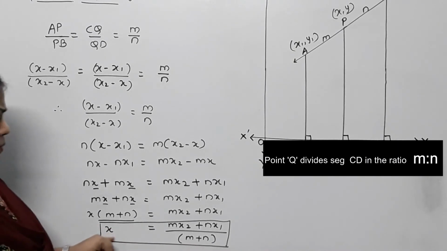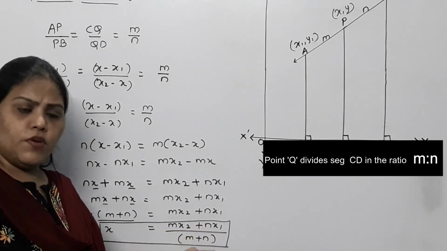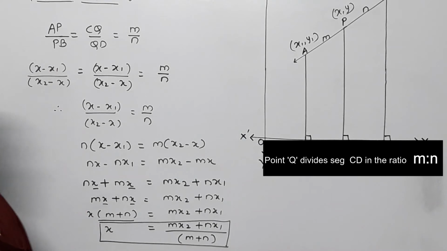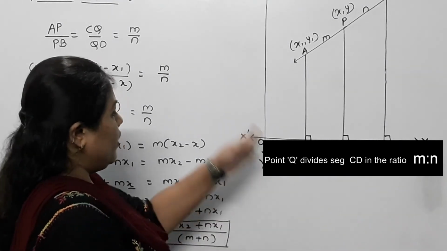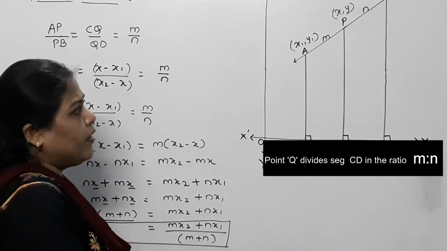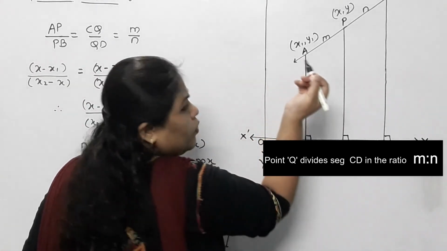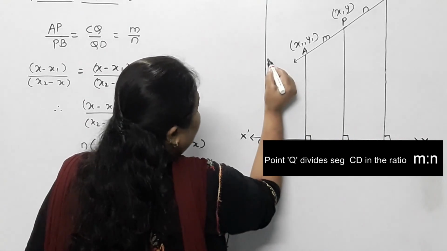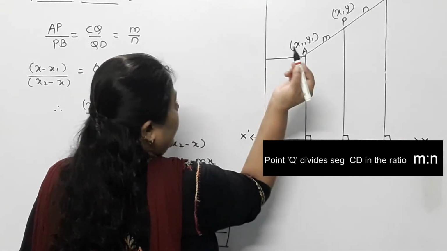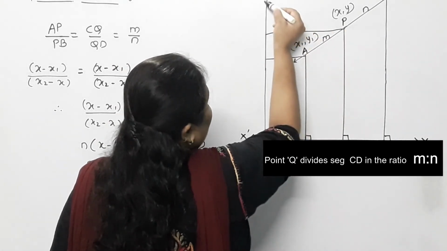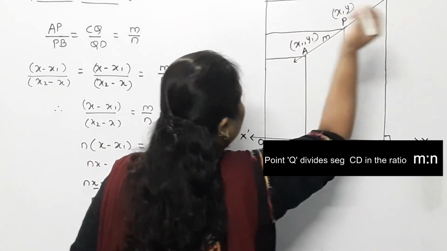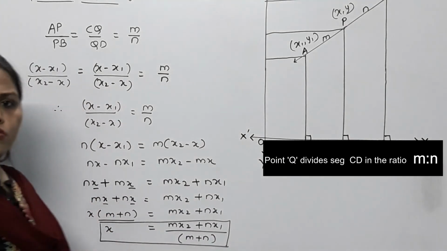The value of x will be mx2 plus nx1 upon m plus n. Now, in your textbook it is given that similarly we can get the value for y. But how to get the value of y? If I draw parallel lines like this on the y-axis, we can get the value for y also.